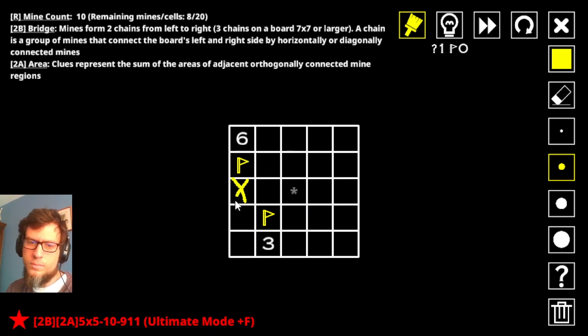Would a similar problem happen with this? Or would it just go like this? Wait, no, that can't happen. This would have to connect up to there, which means, ooh. Is this possible?